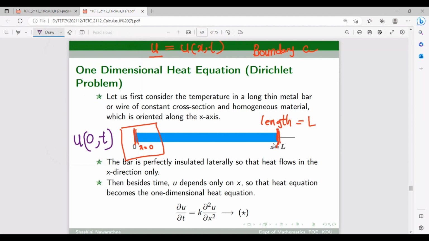How about the other one? u, the temperature value when x equals L and for every value of t. So u(0,t) and u(L,t) are the boundary conditions. Normally in the problem, the values of these 2 temperatures are provided, and we use those 2 values as the boundary conditions.